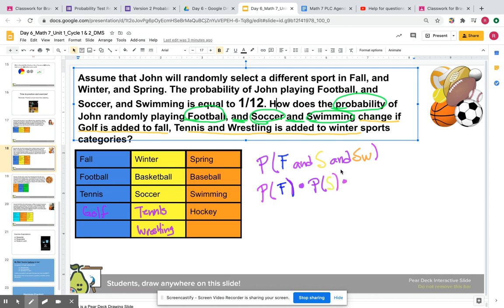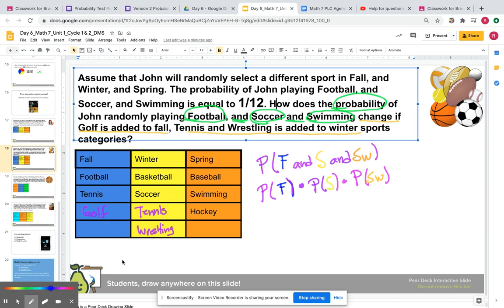And means multiply again. Probability of swimming. We want to find those probabilities. SW for swimming. All right. So, first question is, what is the probability of selecting football in fall from these sports?